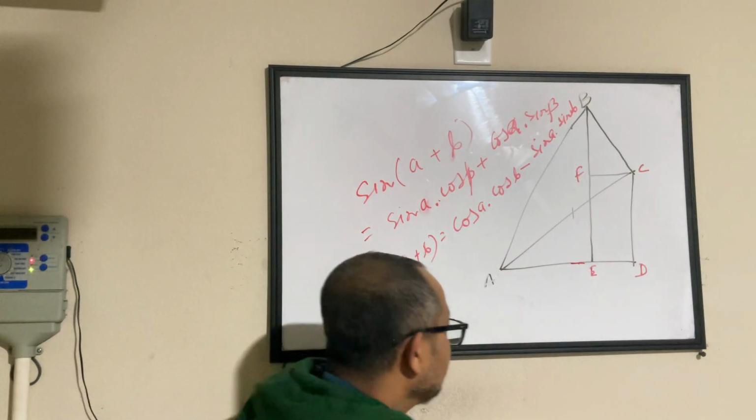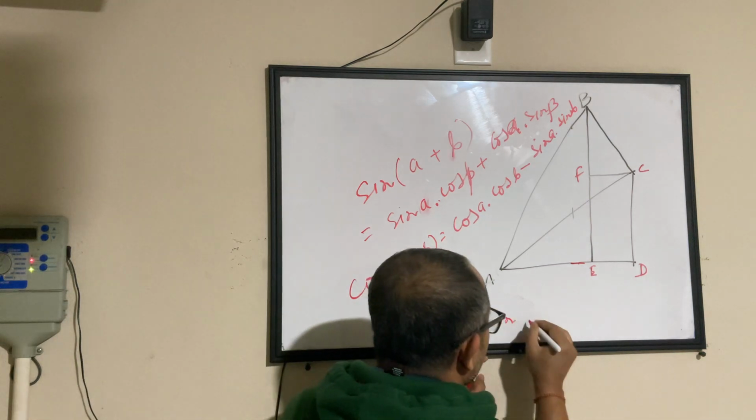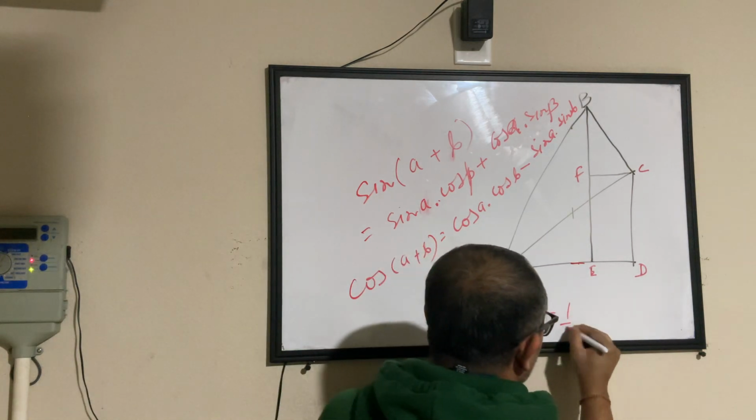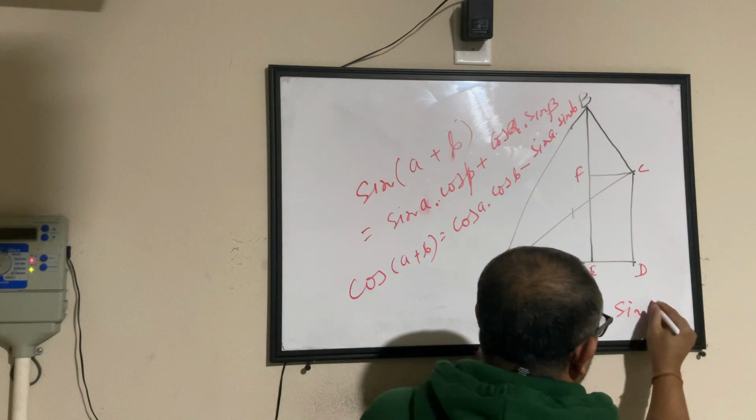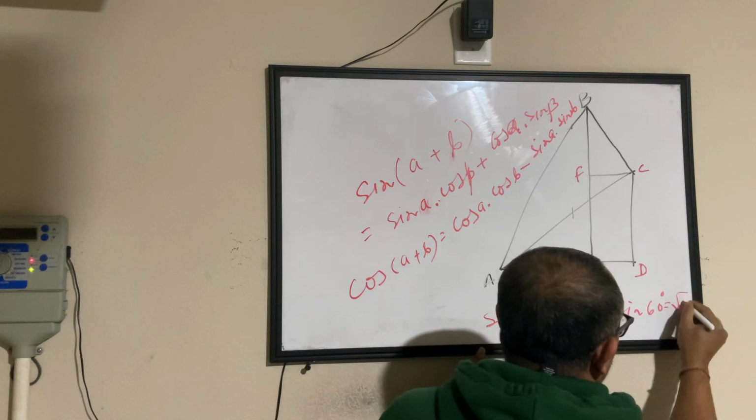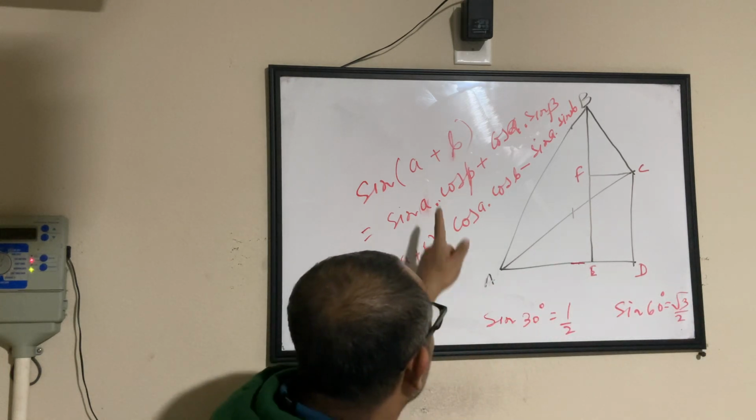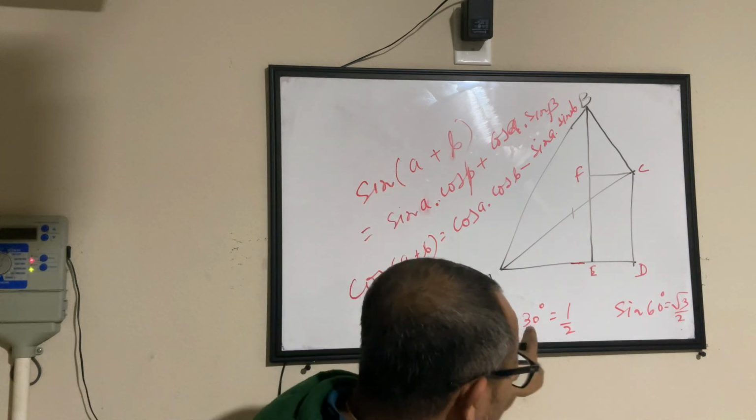Here, let's say you know sine of 30 degrees equals 1 by 2 and sine of 60 degrees equals root 3 by 2. This formula also helps you prove this.